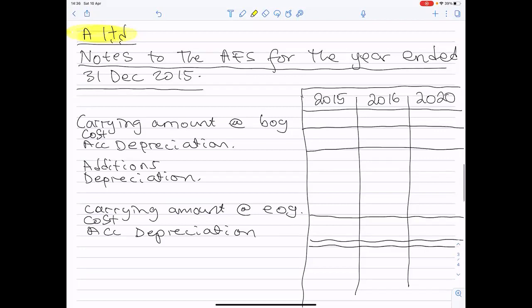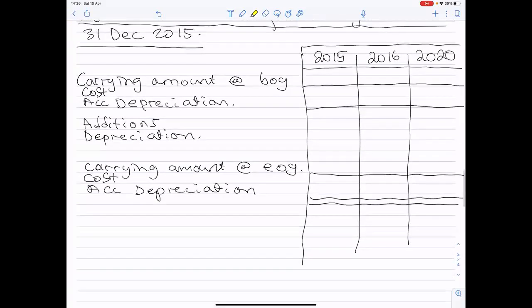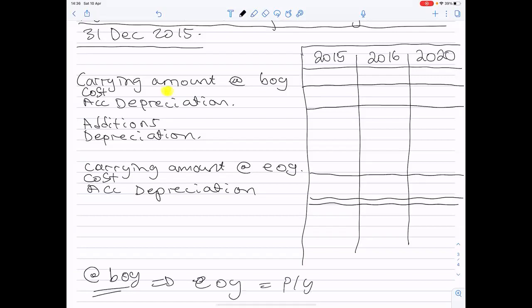Let's do it together this way. This cost here. Now, the amount that we are going to put at the beginning of the year is the amount that was there at the end of the year in the previous year. Do we understand?